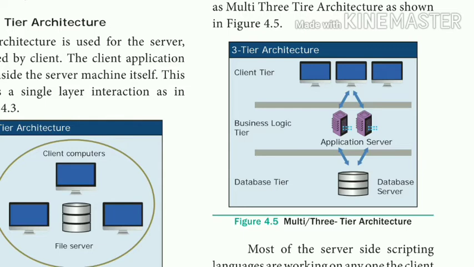These actions are programmed in the application server, and all the data are stored in the database server. Mostly we use two-tier architecture, but if the application is too large and the data is too large, then we use three-tier or multi-tier architecture.